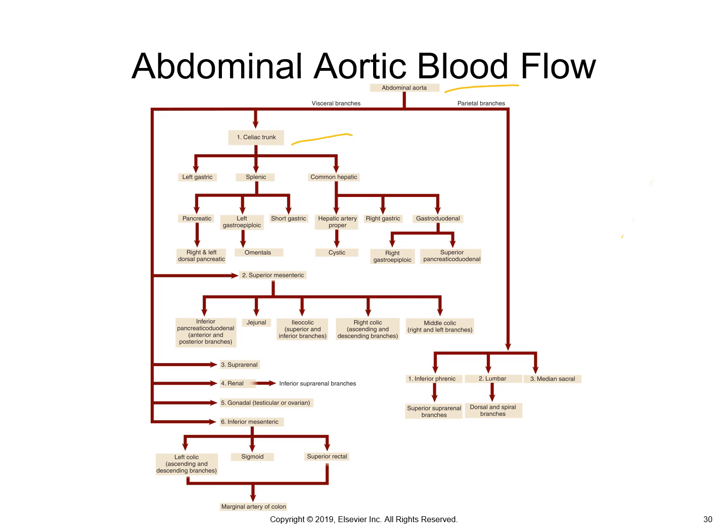The celiac trunk is basically that first major branch. It supplies the stomach, the liver, the pancreas, and also the spleen. Some of the key branches are the left gastric artery, which supplies the stomach and the esophagus.